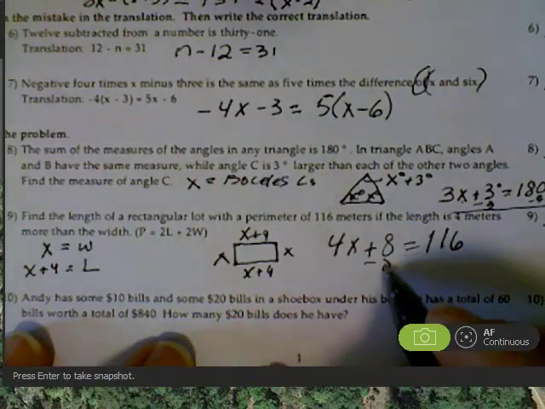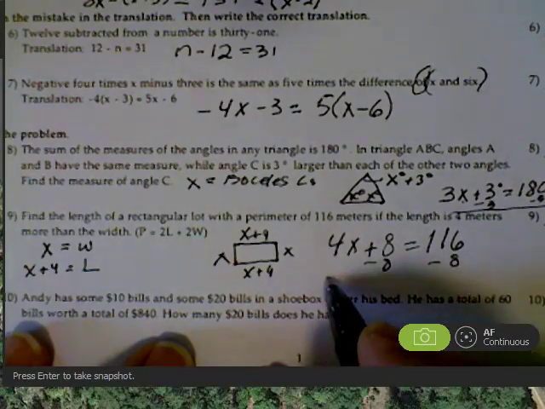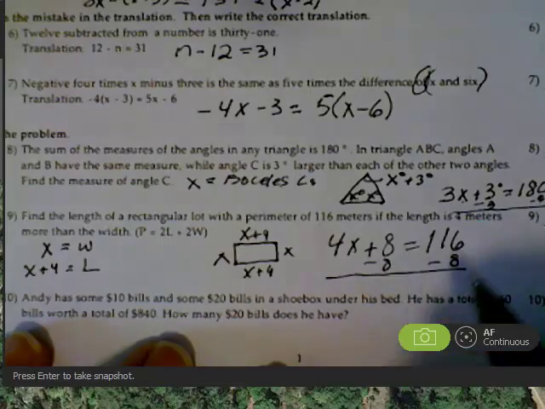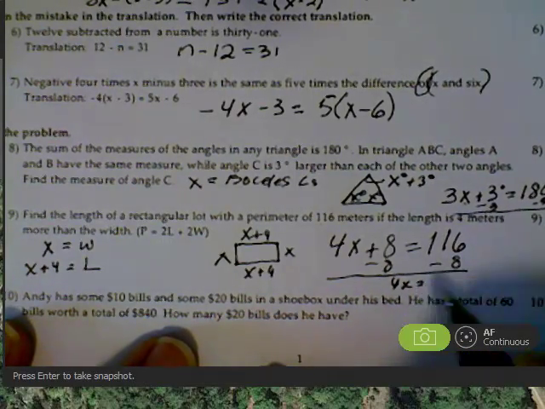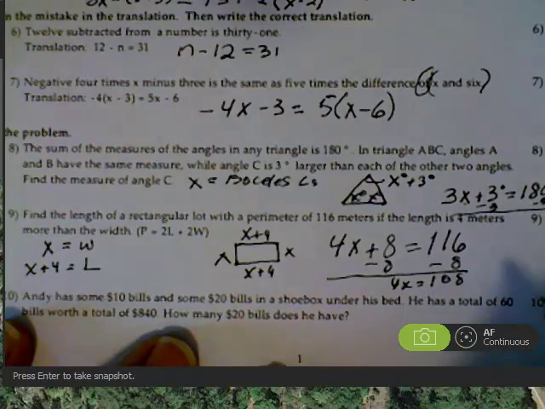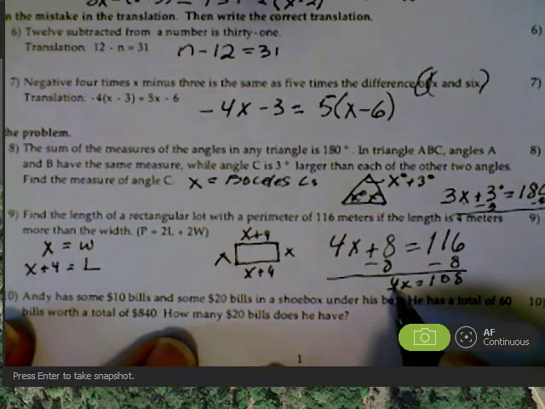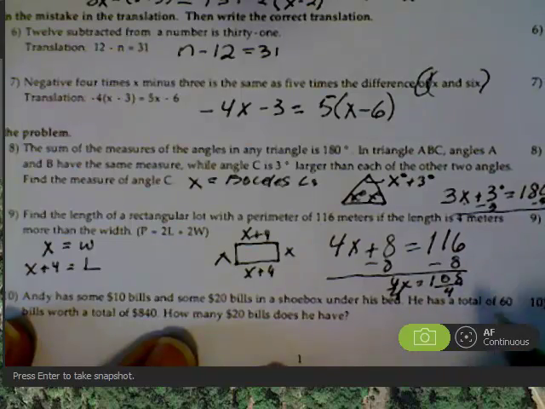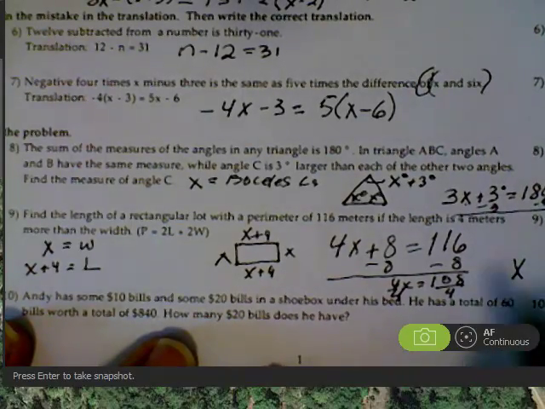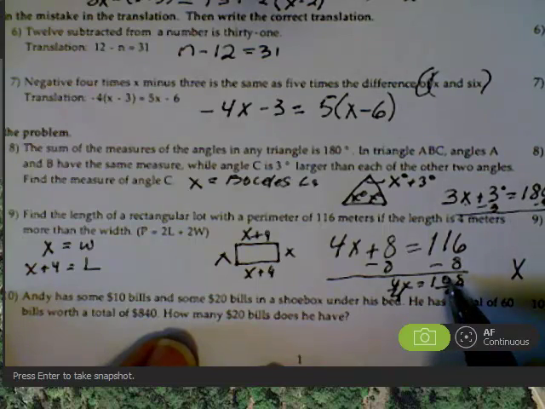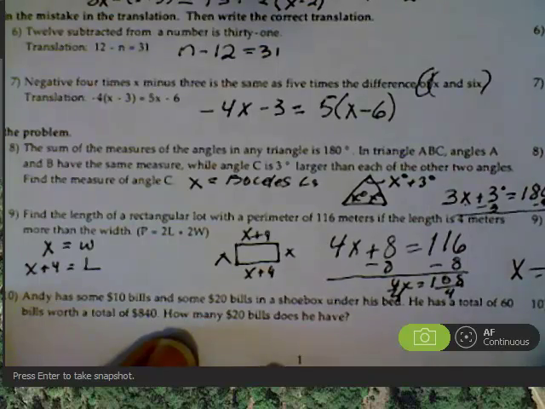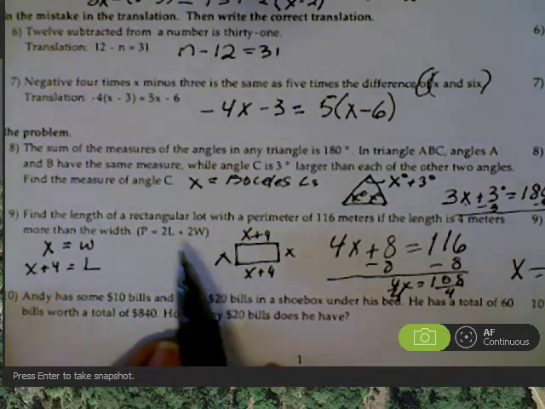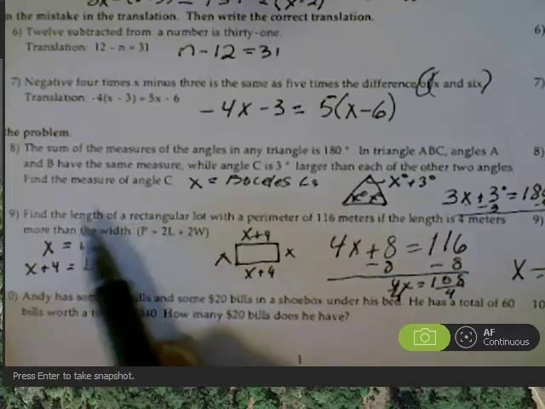So when we do our step 3, opposite sign, minus 8 on both sides, and we find that 4x equals 108, and then step 4, short line, we see that x, the width, 4 going into 10 twice and into 28 7, the width is 27, but they want the length.